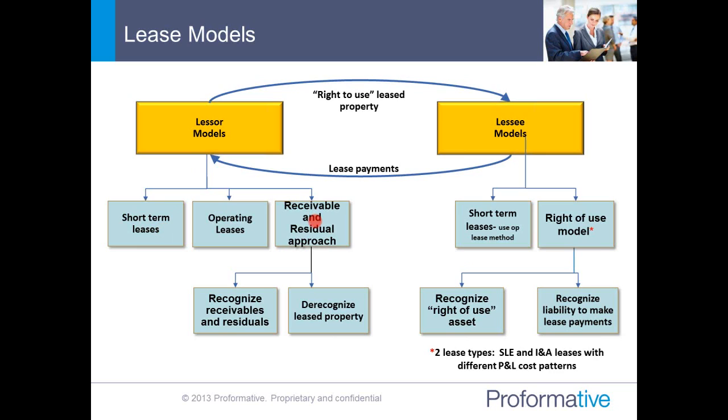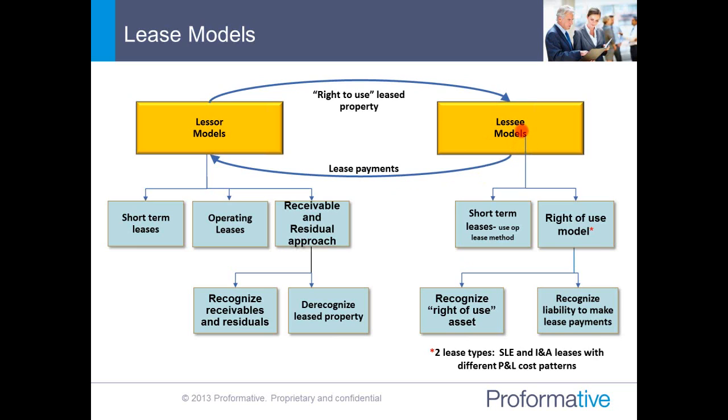Another lessor model will be a receivable and residual approach, which is very similar to current GAAP's direct finance lease model, where a receivable and a residual are recognized and the property is derecognized. Now, there are new lease classification tests that are consistent for both lessees and lessors to define which assets get operating lease treatment and R&R, or receivable and residual treatment, for lessors.